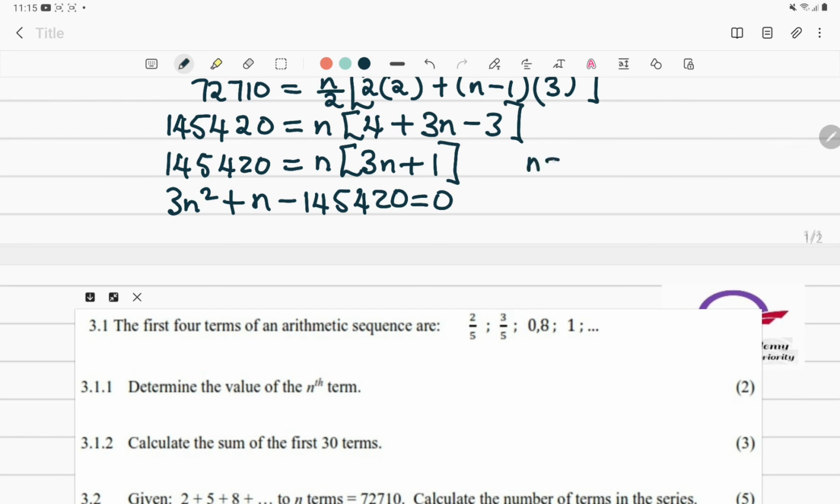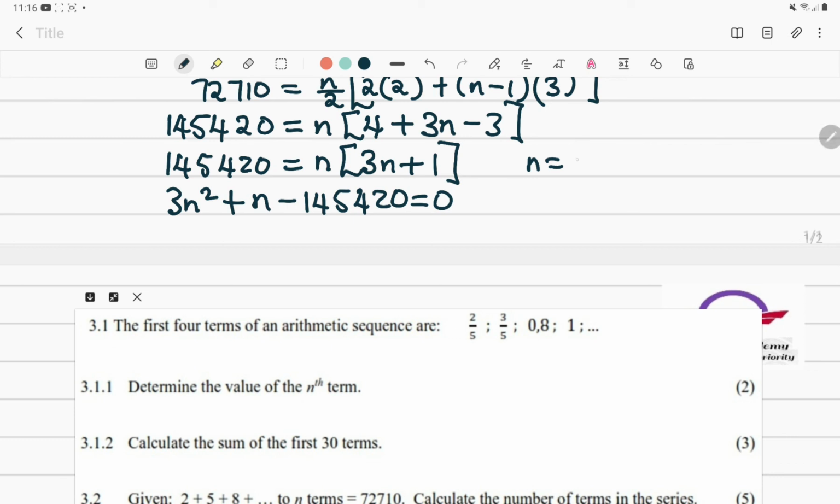So using the quadratic formula, we're going to have negative 1 plus or minus the square root of 1 minus 4 times a, which is 3 there, times negative 145,420, all over 2a, 2 times 3.